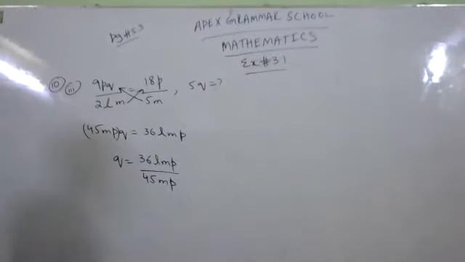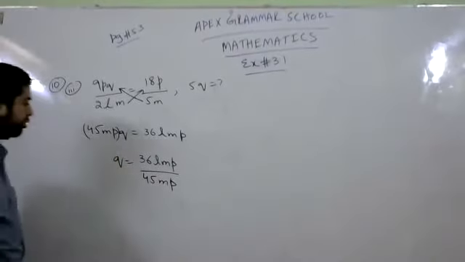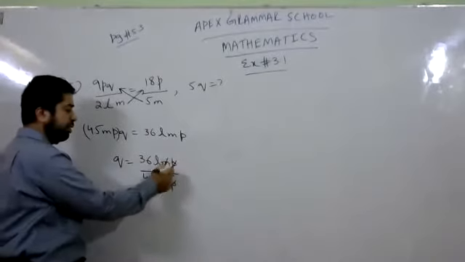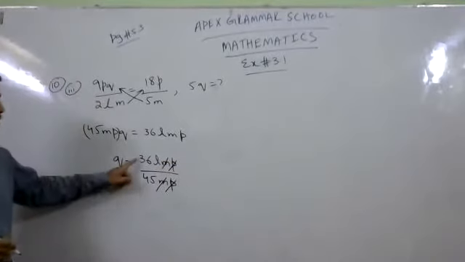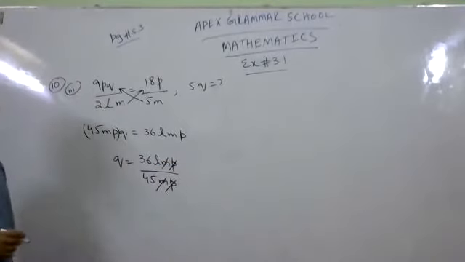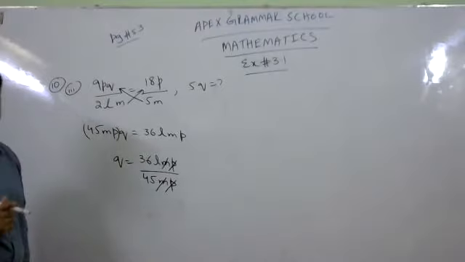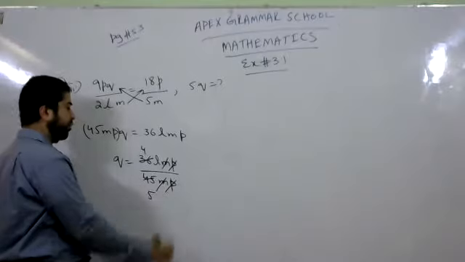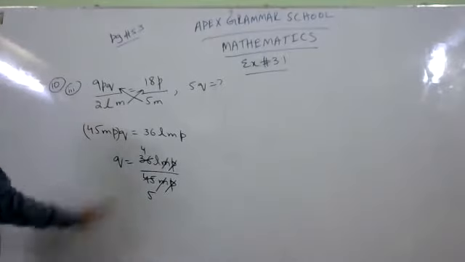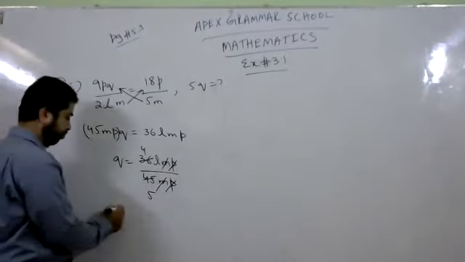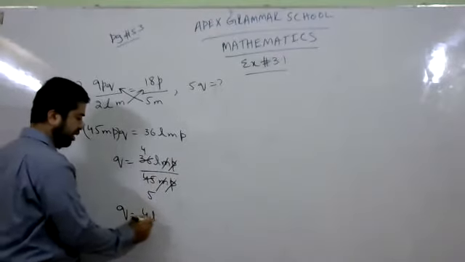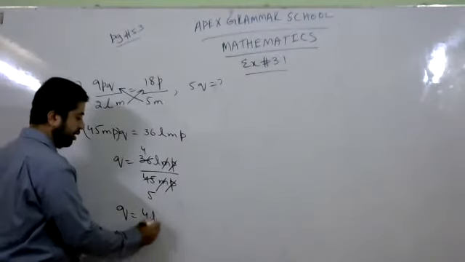Now you can easily find the value of q. This m cancels this m, this p cancels this p, and 36 and 45 both can be divided by 9. 9 fours are 36 and 9 fives are 45. So the value of q is 4l divided by 5.